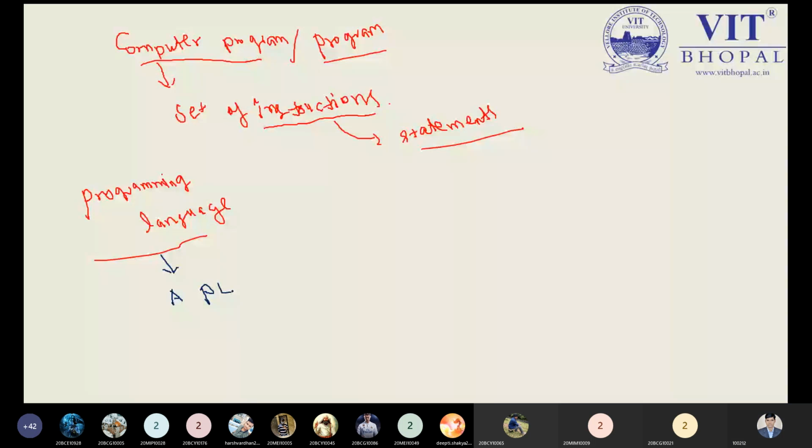language to communicate to the machine in its language, or machine language.